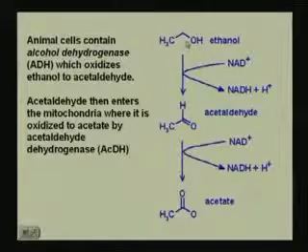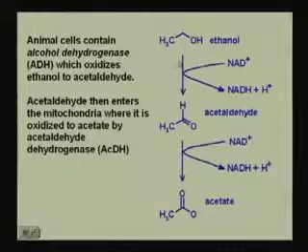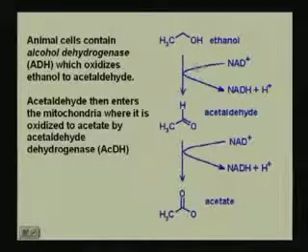It is oxidizing ethanol to acetaldehyde, okay, and then further oxidation is also possible to acetate, where you have NAD+ going to NADH plus H+. So, what are you doing in this case? You are reducing NAD+, in the event oxidizing acetaldehyde to acetate.